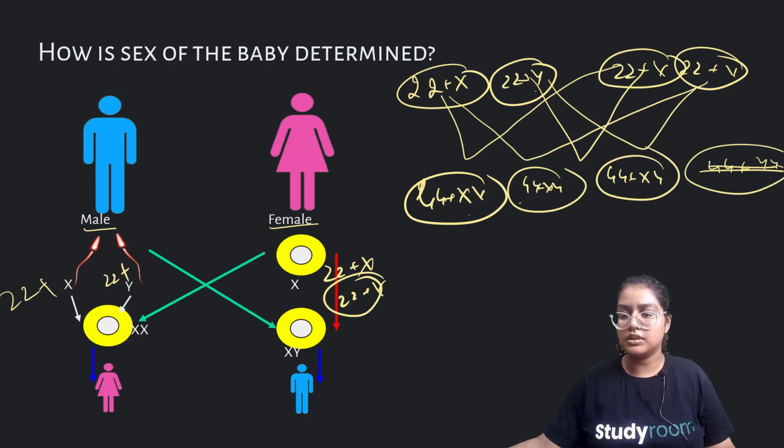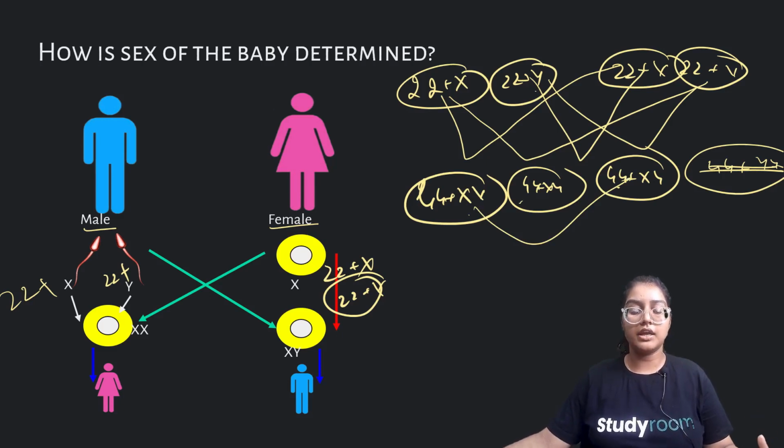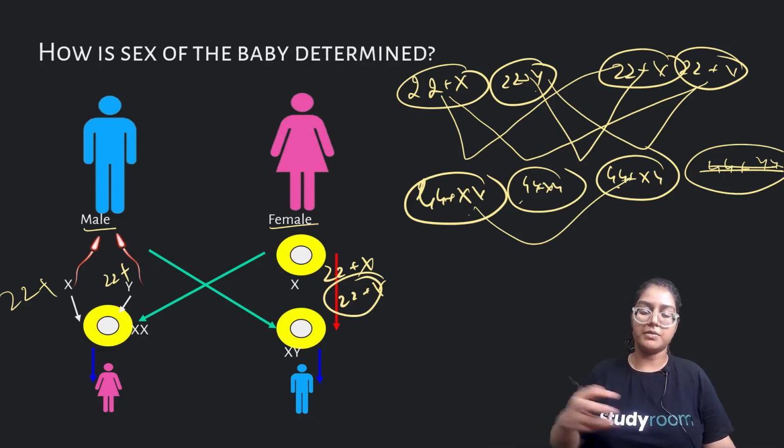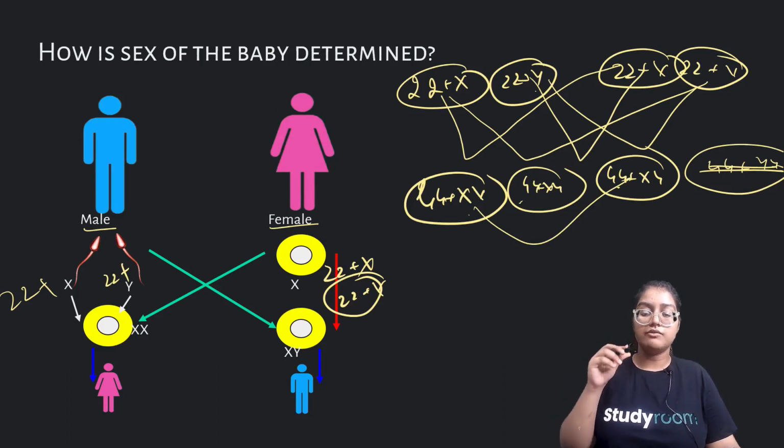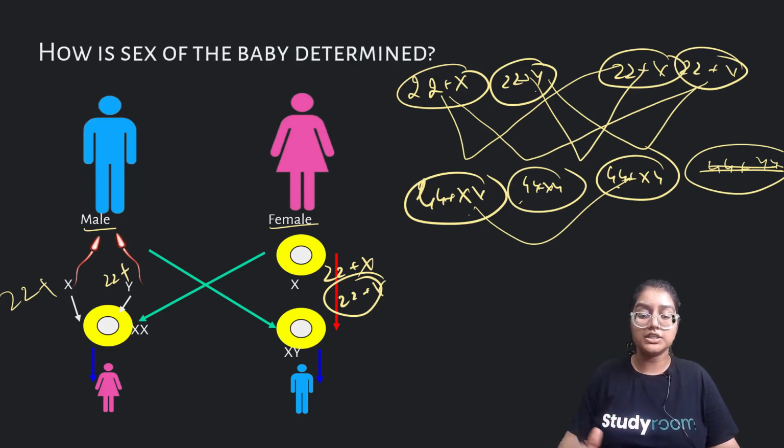I have to consider only these three things. So this is how mating occurs in the case of male and female and how the sex is determined. Sex is determined by the sex chromosomes, which are XX in the case of females and XY in the case of males. So this was all about sex determination in humans. I hope you understand this part.